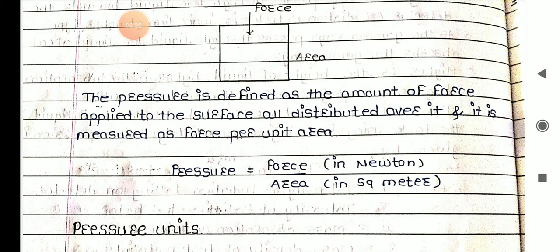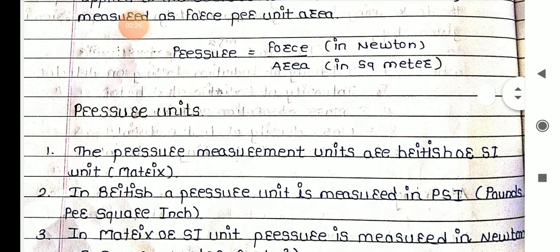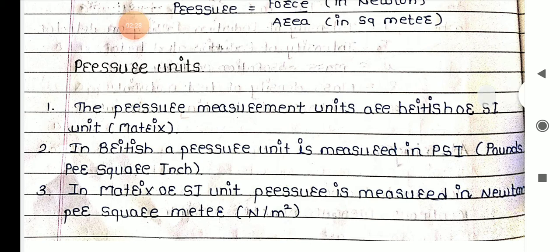Next we will move on to the pressure units. What are the pressure units? The pressure measurement units are British or SI units. It can be measured in two ways: one is the British system, and the other one is the SI system, that is the international system, or system international, in terms of metric.